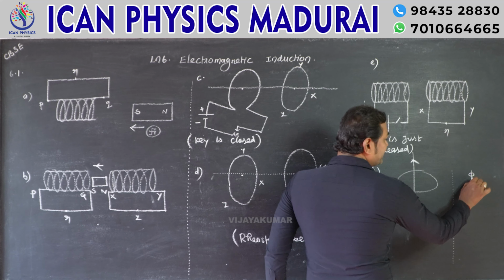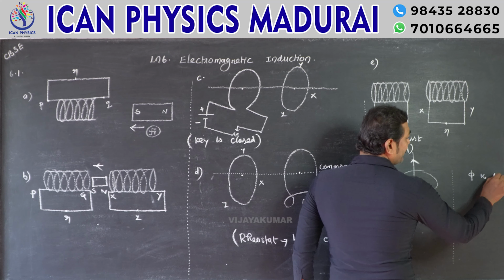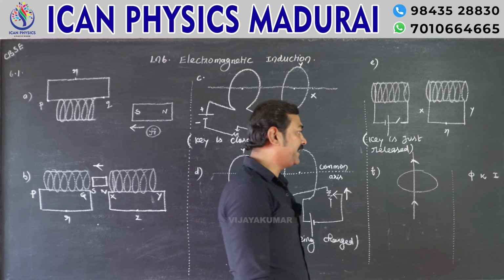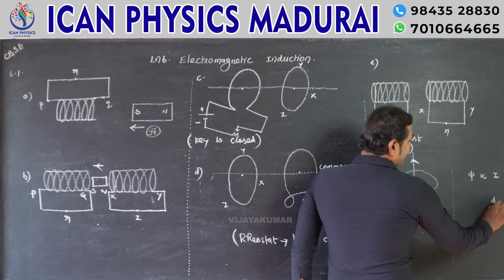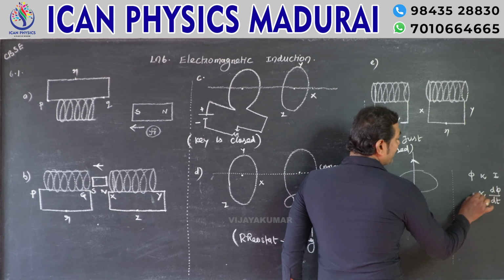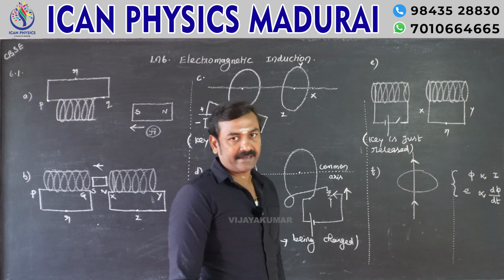Whenever there is a change in flux, the flux is directly proportional to induced current. That is given by Faraday. Next, the rate of change of flux is directly proportional to induced EMF. That also is given by Faraday.